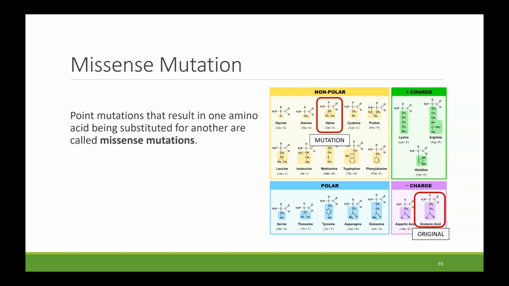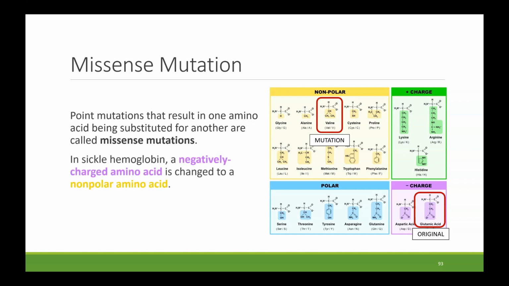So what's the big deal? There's hundreds of amino acids in hemoglobin. Why does it matter that we change this one? Well, it has to do with the category that each of these amino acids belongs to. The original amino acid, glutamic acid, as you can see, belongs to the negatively charged category.